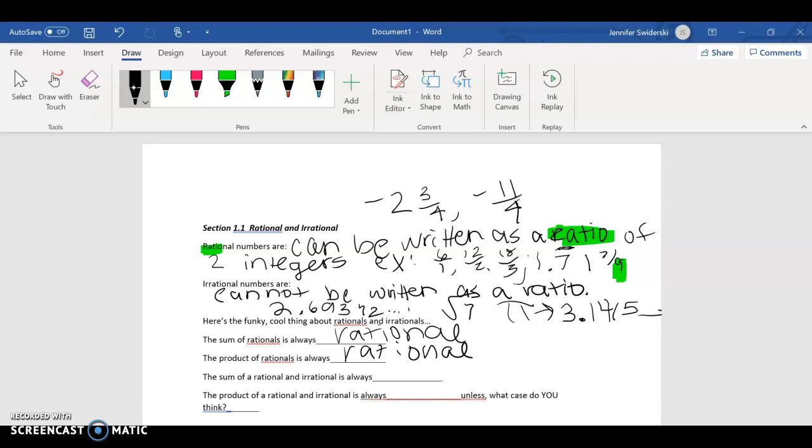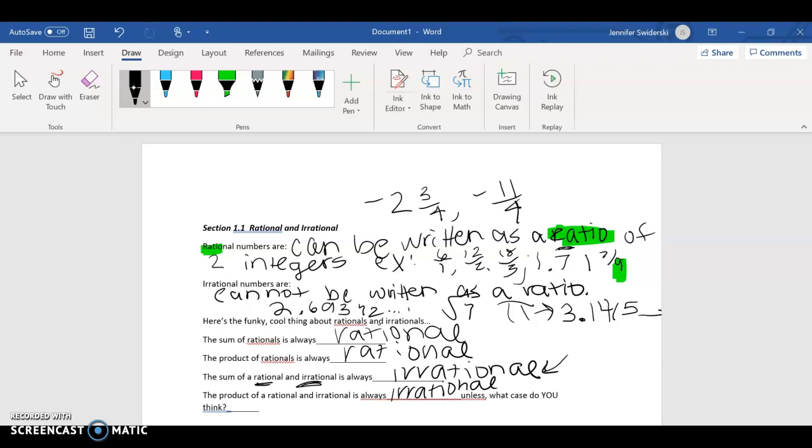The sum of a rational and irrational is always going to be irrational. So anytime you're adding something that you can write as a ratio and something that you can't write as a ratio, then it's going to become an irrational number. And then the product of a rational and irrational is always going to be irrational.